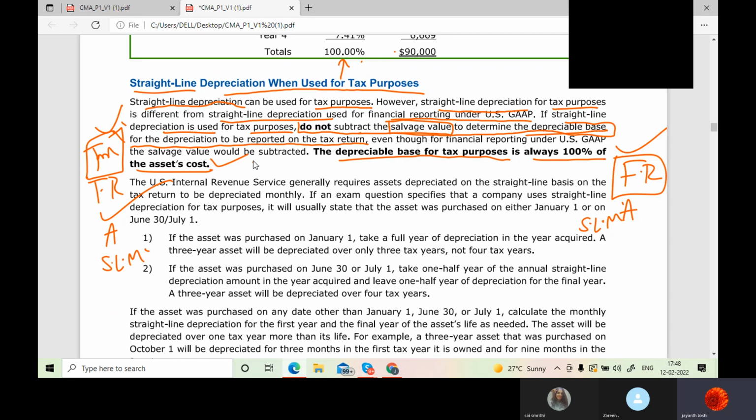You should take the asset before deducting the scrap value or salvage value. So 100% of the asset is considered as depreciable base.